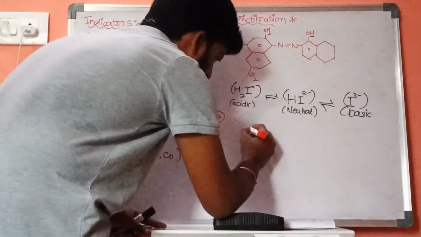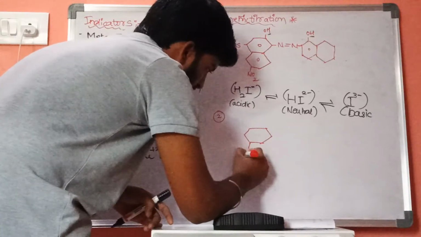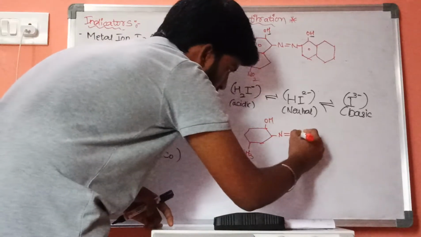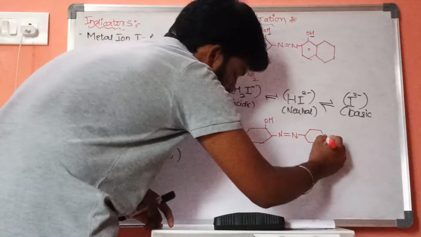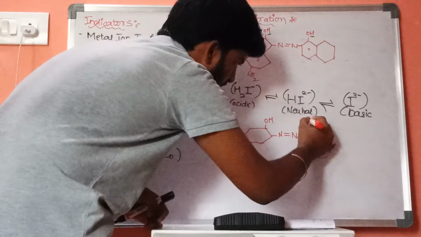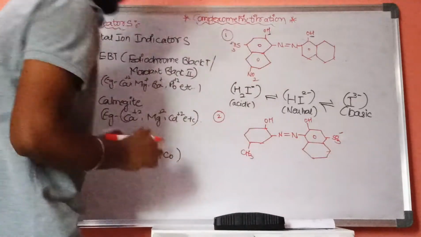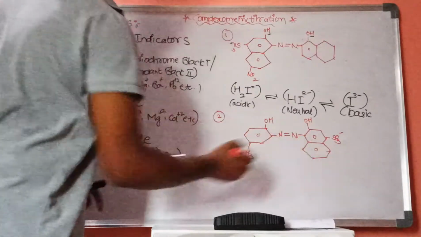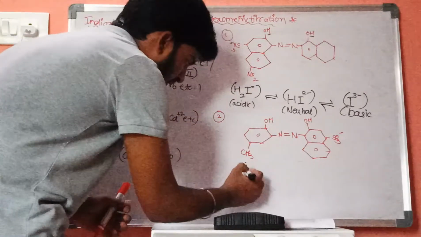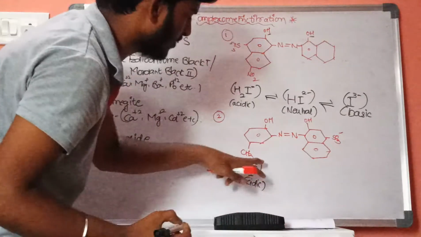Calmagite. This is the structure of Calmagite, and similarly, it is in the form of H2In minus in acidic medium.